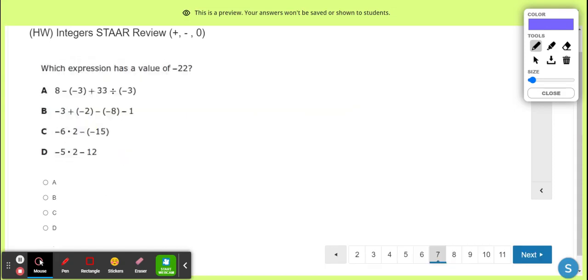We're going to have to evaluate each expression here. So, subtracting integers: subtracting a negative is the same as adding the opposite.